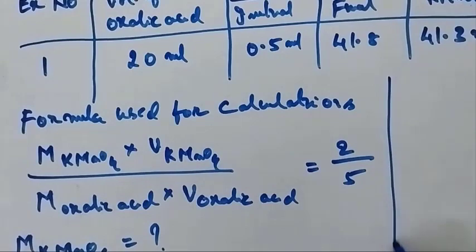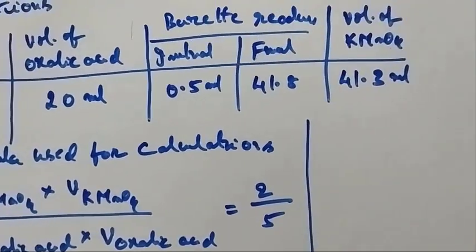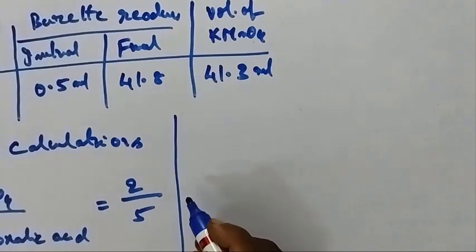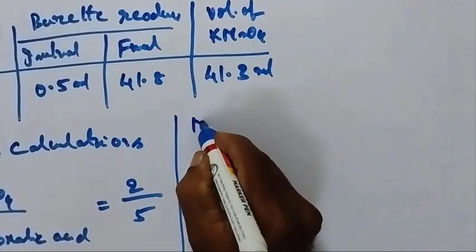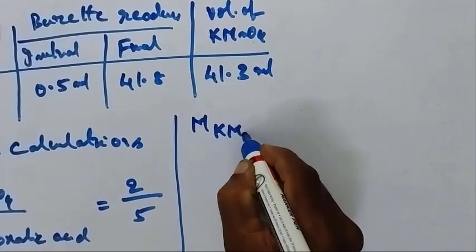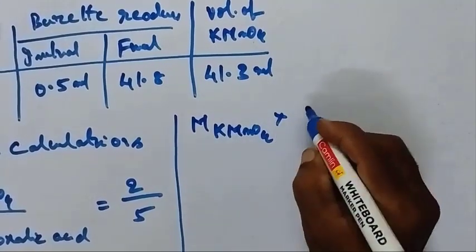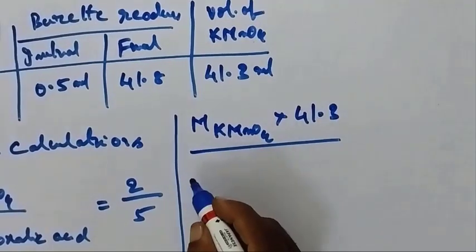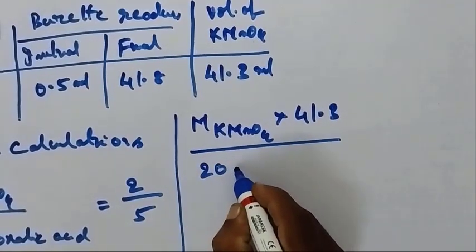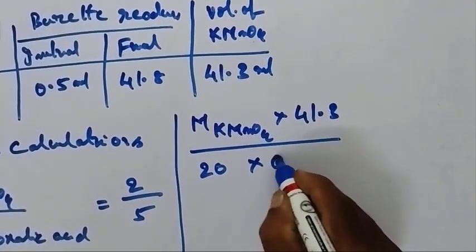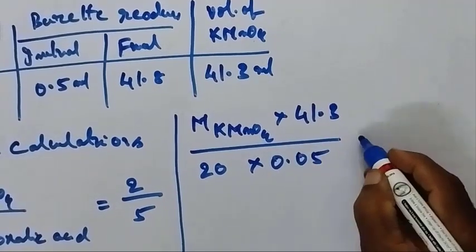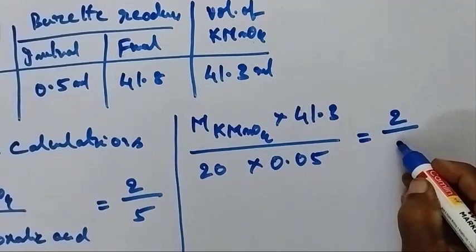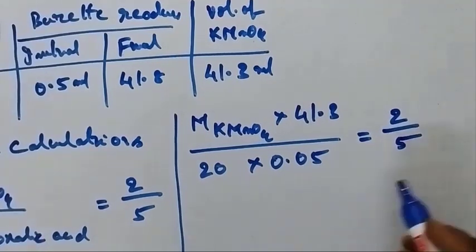Now, let us substitute all these values in the formula. Molarity of KMnO4, which we have to find, into volume of permanganate 41.3, by volume of oxalic acid 20 ml into molarity 0.05, is equal to 2 by 5.